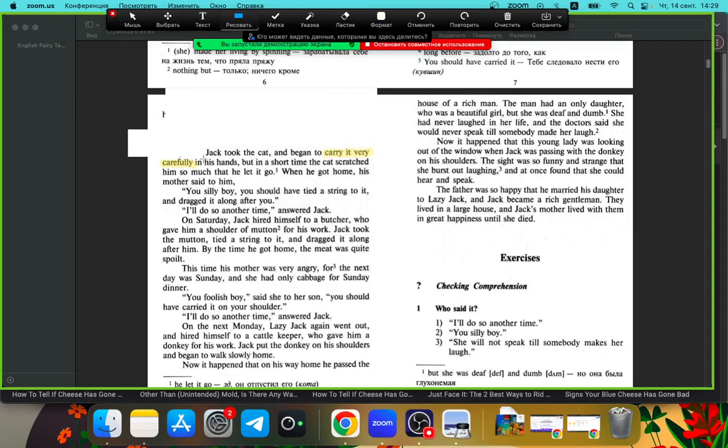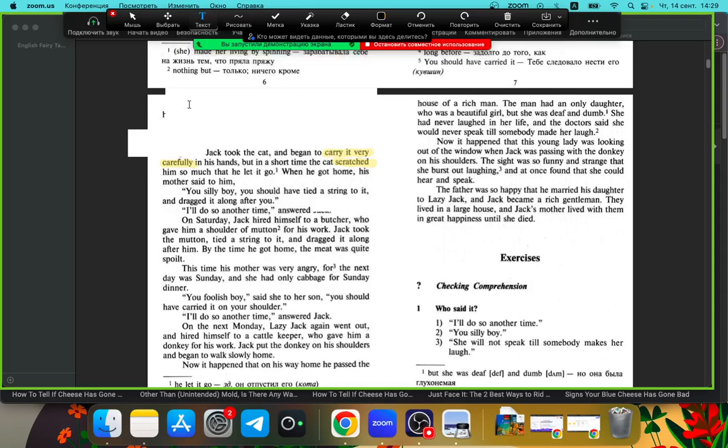Jack took the cat and began to carry it carefully in his hands, but in a short time the cat scratched him. Oh no. Scratched him. You can draw scratches so much that he let it go. Let it go.